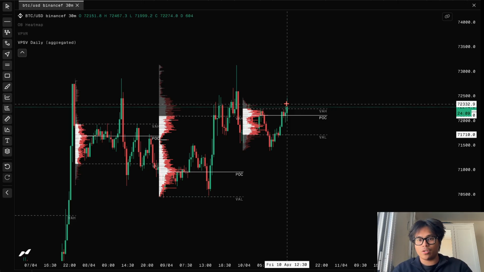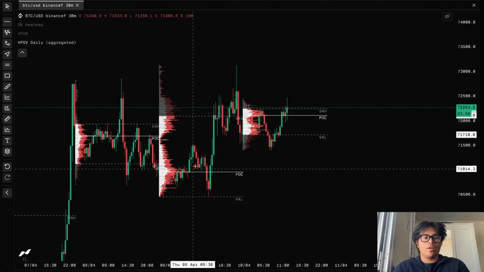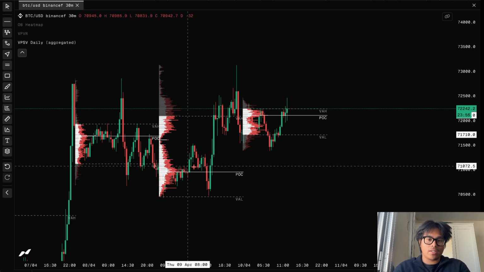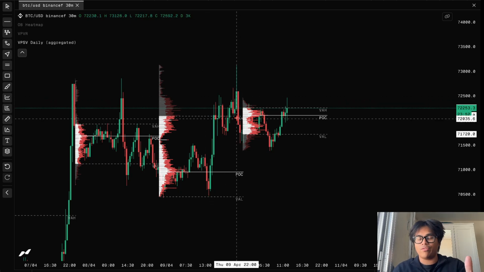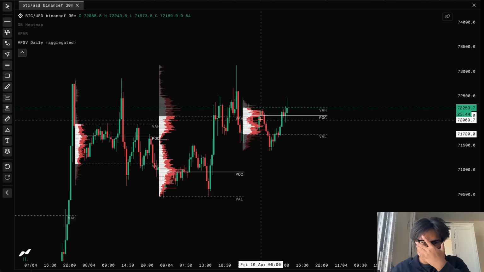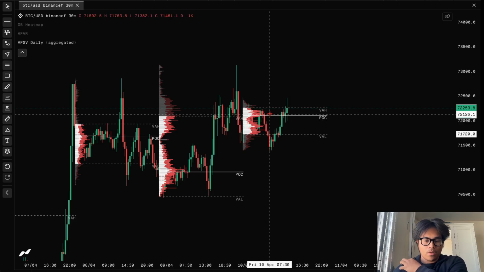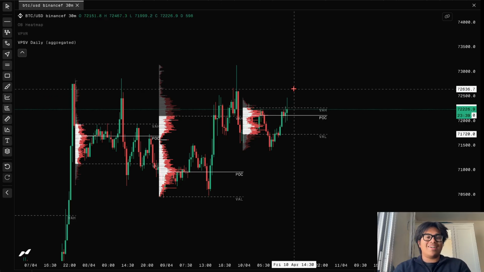It's accumulation, manipulation, distribution: price accumulates, does a little bit of manipulation, and then distributes. That would be AMD, the Power of Three.